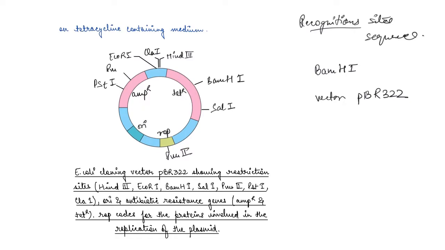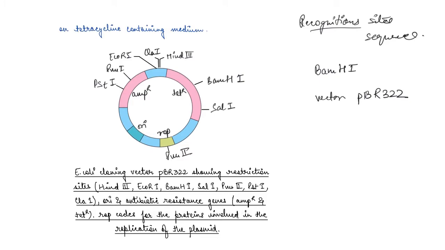I just left PvuI, and PvuII. We have both, right? So now this is a cloning vector, guys. It has various restriction sites for the alien DNA, the DNA which is to be inserted, and there is an origin of replication, and then there are antibiotic resistance genes. There's one for ampicillin, there is another for tetracycline, right?